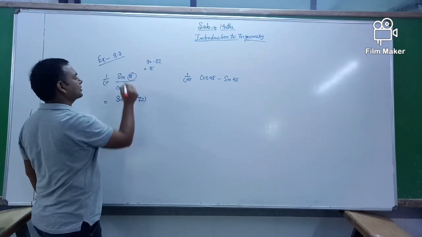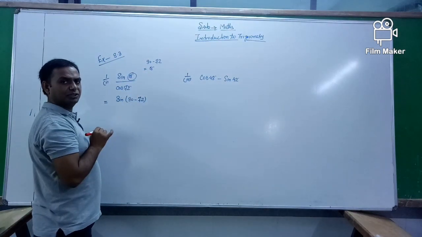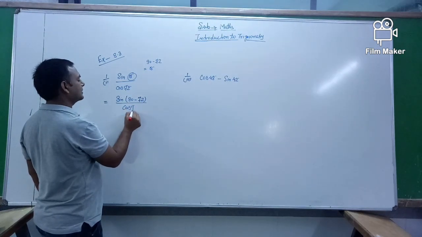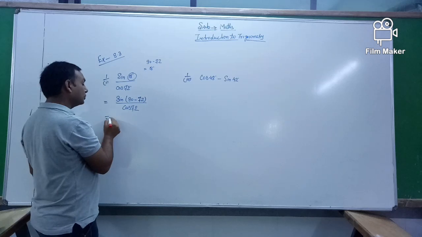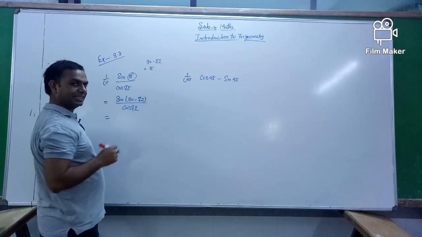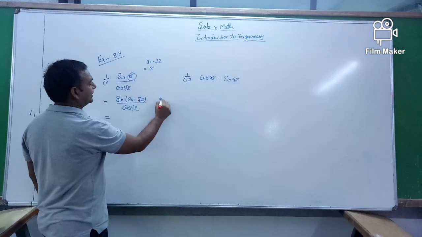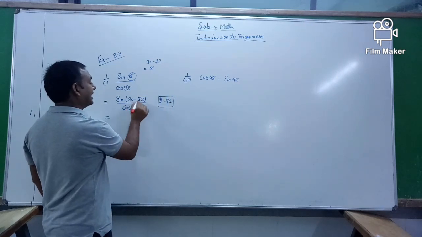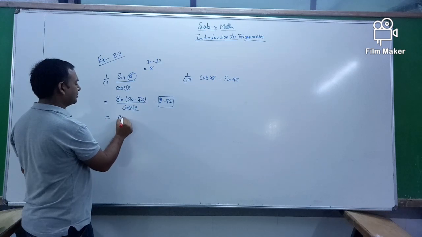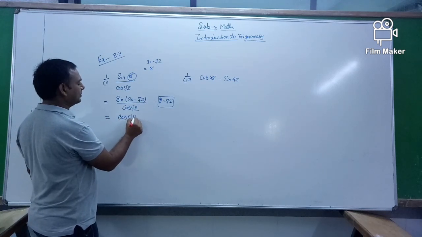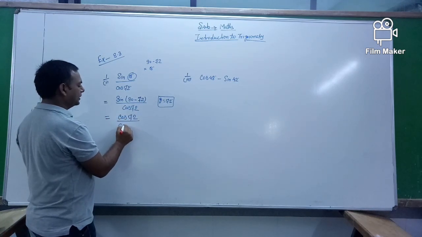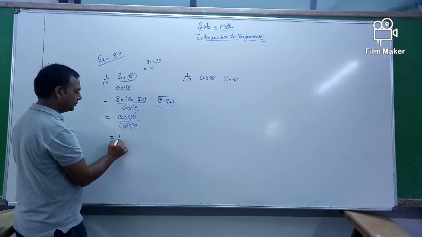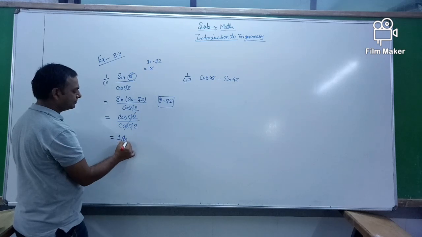So I write down sine 90 minus 72 upon cos 72, and you know the formula sine 90 minus theta, where in the place of theta we have 72 degree. So sine 90 minus theta is equal to cos theta. So cos 72 upon cos 72 is equal to 1. So this is the answer.